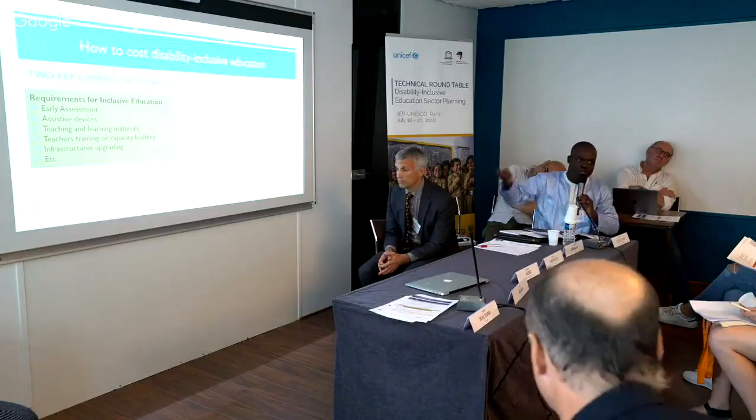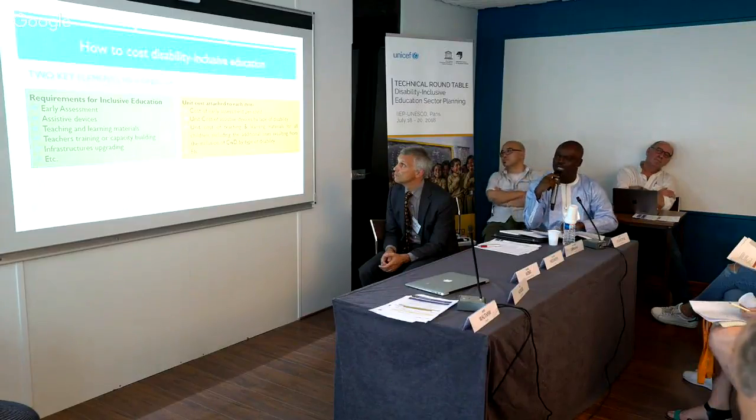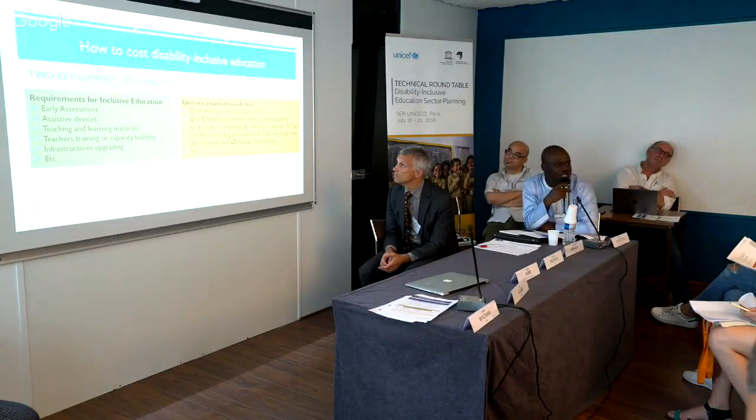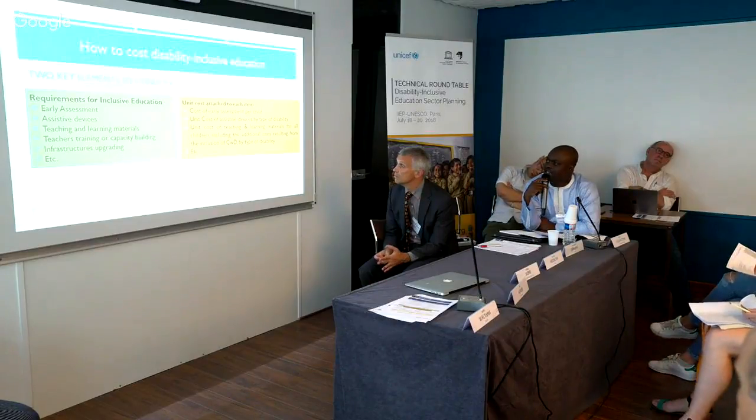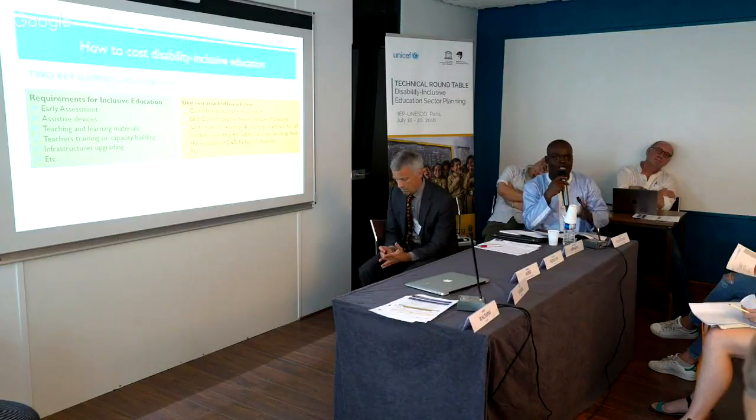So if we know we have all these requirements for inclusive education, the second aspect will be to identify the unit cost attached to each item. Because yes, it's important to know the requirement, but it's also important to know what is the cost attached to each requirement.